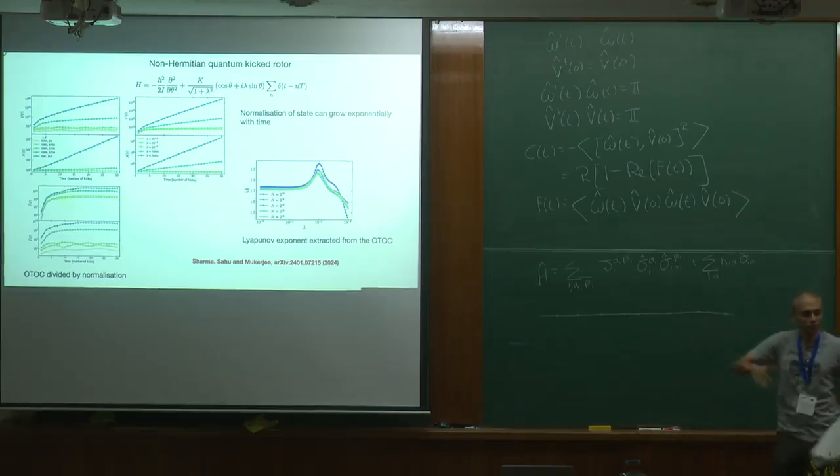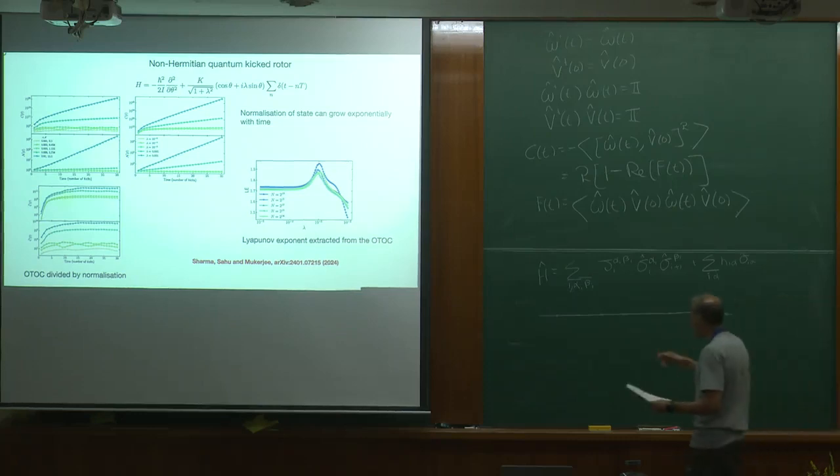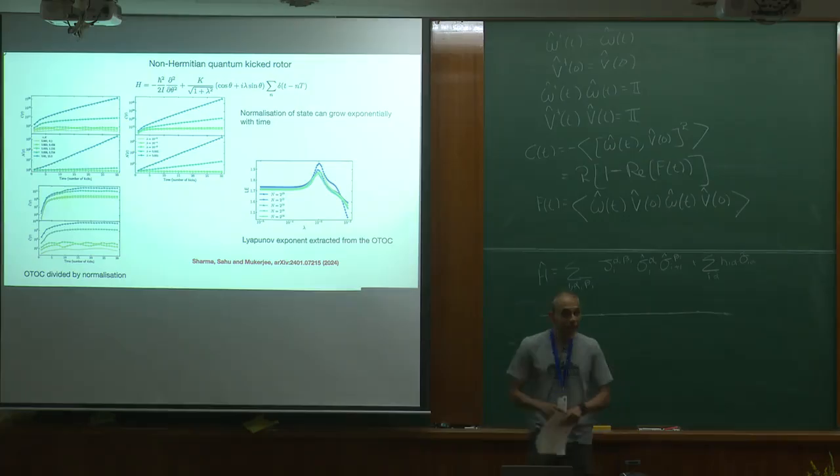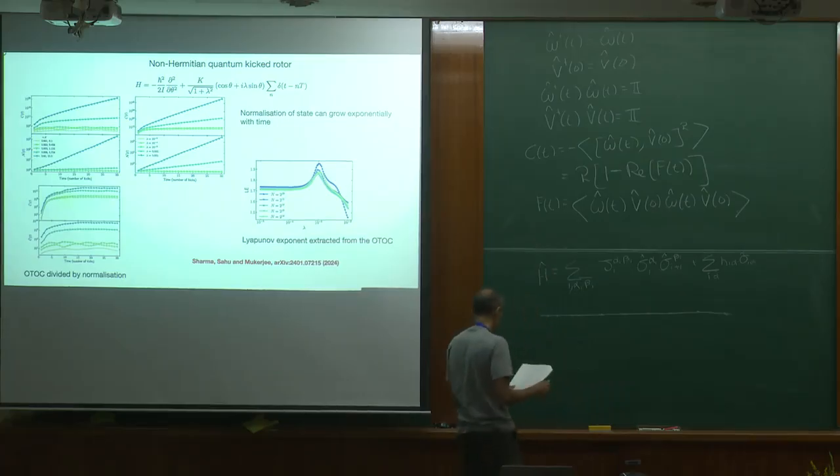So imagine that you have some very generic kind of Hamiltonian like this, and then you have defined operators W hat and V hat, like I had shown you earlier, which are initially confined to separate regions of the lattice, and then W hat evolves as a function of time. So how exactly does that evolution of W hat take place, and what does that tell us about how the OTOC changes as a function of time?